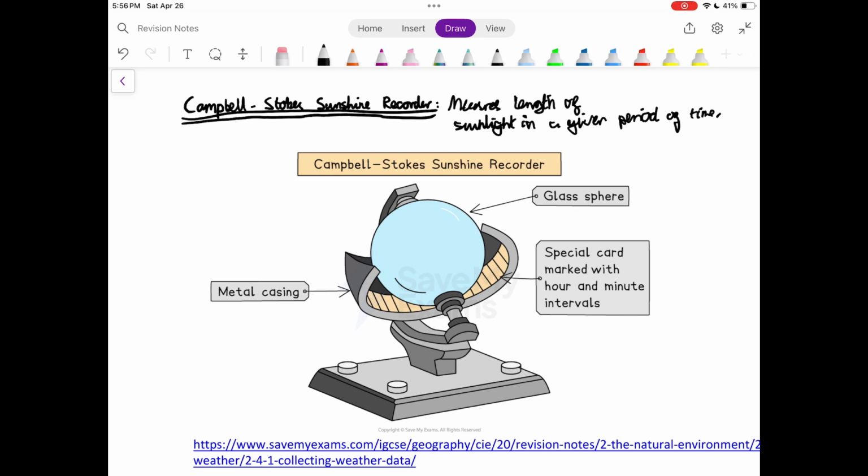Okay, so what happens is that there's a glass sphere here, as you can see, and the sphere focuses the sunlight onto a recording card. So the recording card are these lines here, the beige area here. And basically what happens is that the rays leave a burnt trace on the card, which indicates the amount of sunshine that is left on the card.